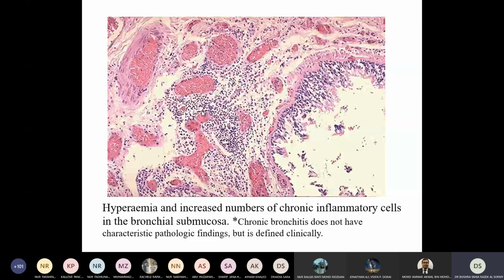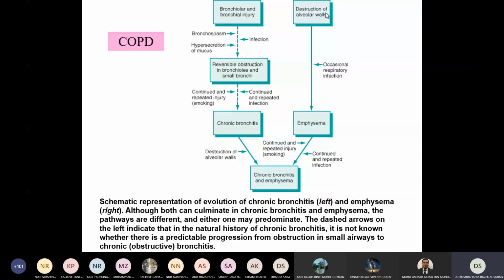So we said COPD involves two conditions, and finally they exist together. Bronchial and alveolar injury lead to bronchospasm, hypersecretion, infection, and reversible obstruction in bronchioles and small bronchi. But if the injury and smoking continue, it leads to chronic bronchitis.